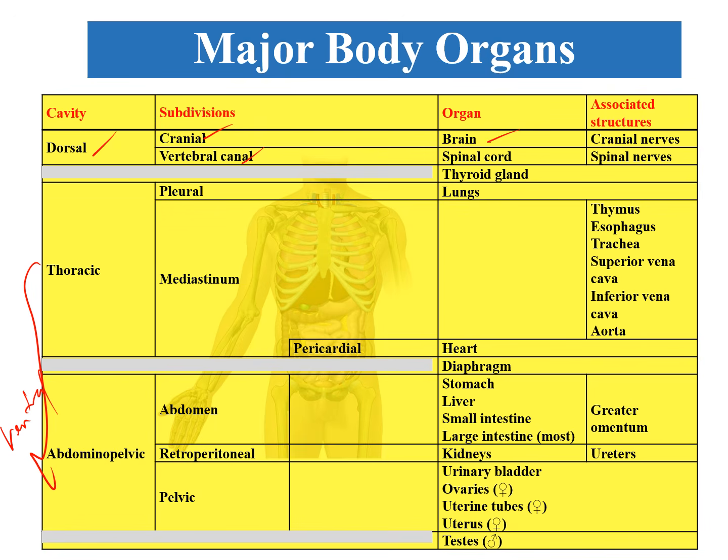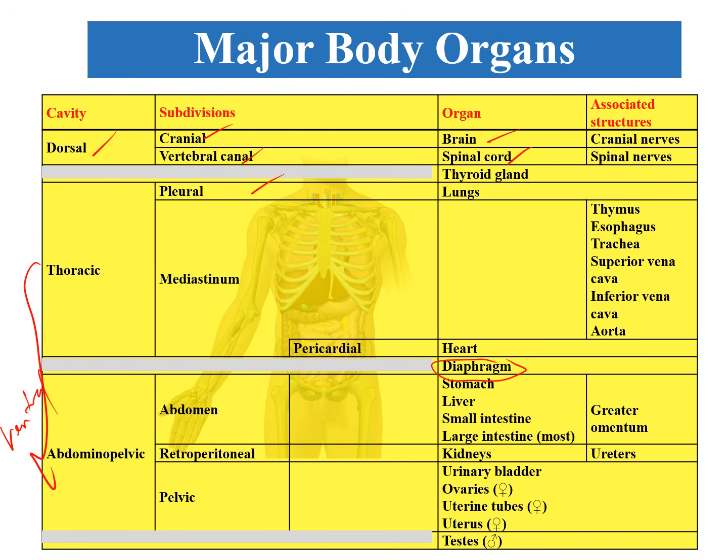The cranial cavity has the brain, the vertebral canal has the spinal cord, and these are some of the associated structures present in these cavities together with the organs that they are associated with. Then the thoracic cavity, which is part of the ventral cavity, was divided from the abdominopelvic cavity by the diaphragm. It had other cavities as well.